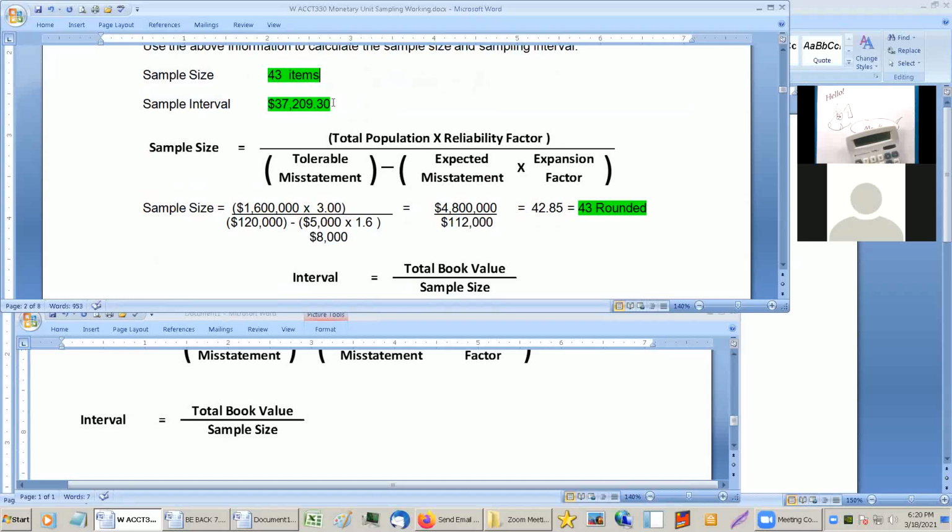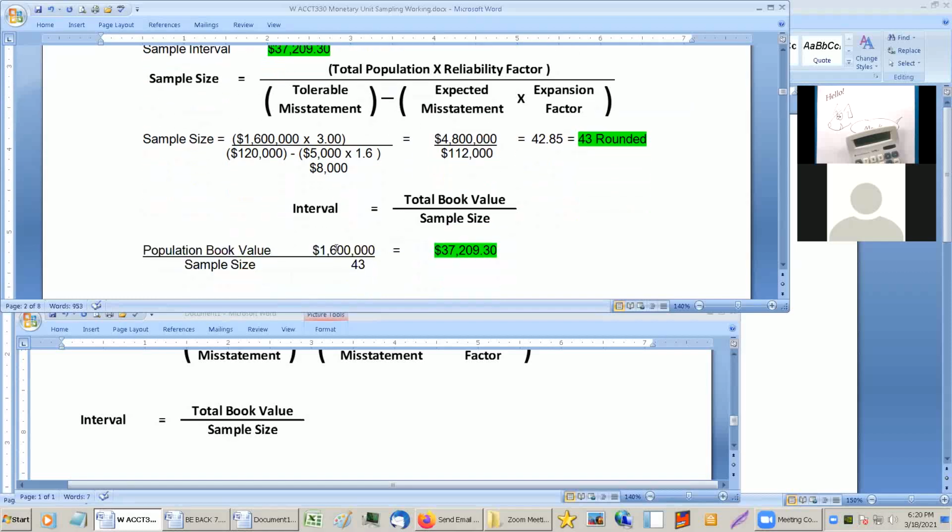So you take 43 items, and the interval is just taking the entire population book value, 1.6 million, and dividing it by the number of items in the sample.